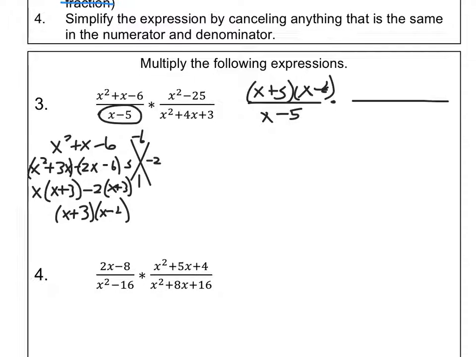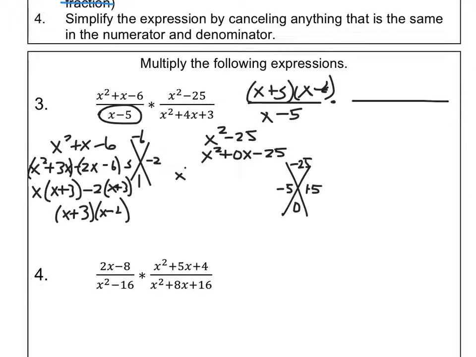Okay, let's talk about the x squared minus 25. That one looks a little bit different, and you'll notice that the middle term is missing. So anytime a middle term is missing, it's going to be 0. So it's going to be x squared plus 0x minus 25. So I need factors of negative 25 that add to 0. Well, that's negative 5 and positive 5.